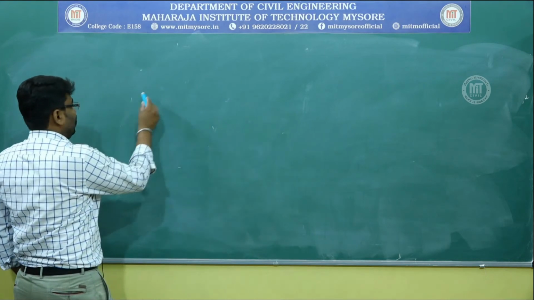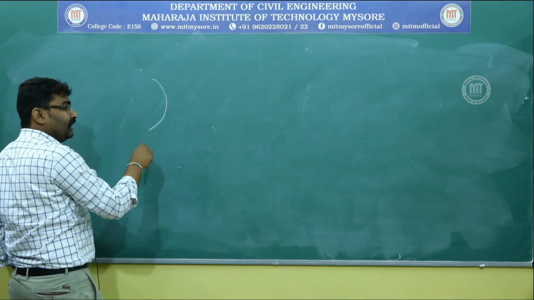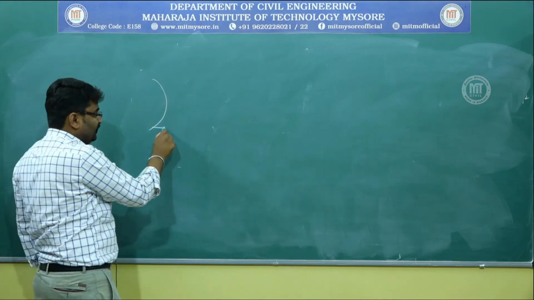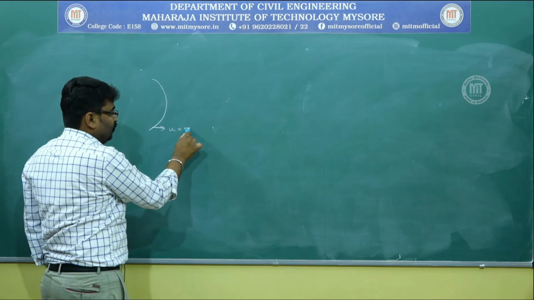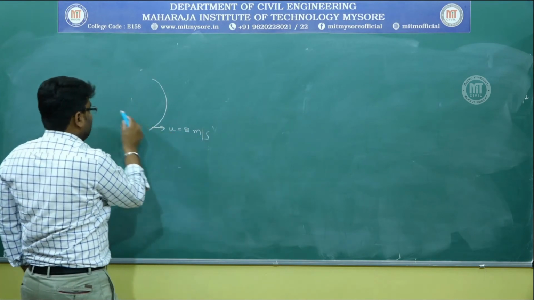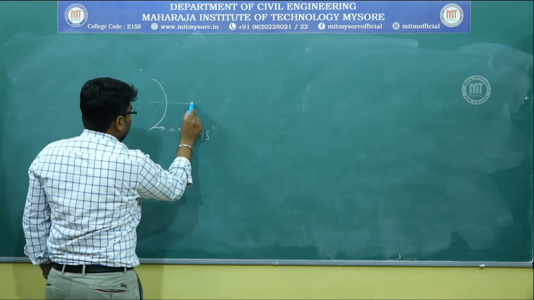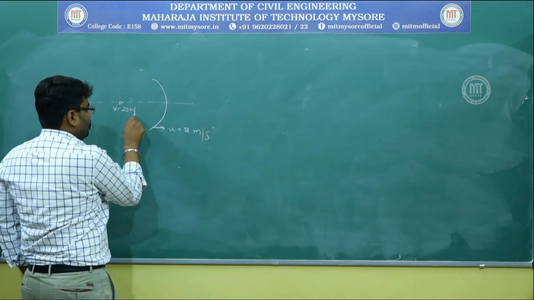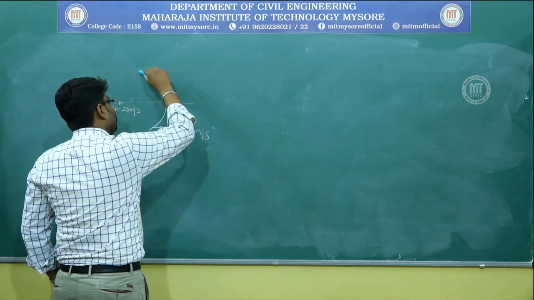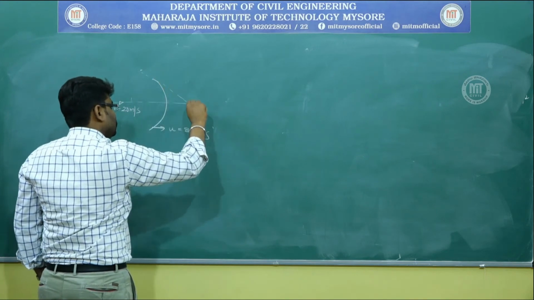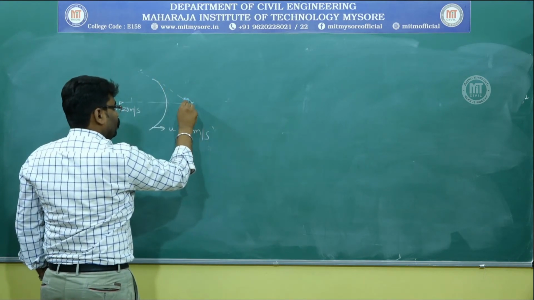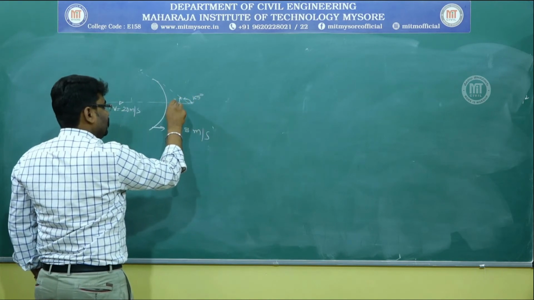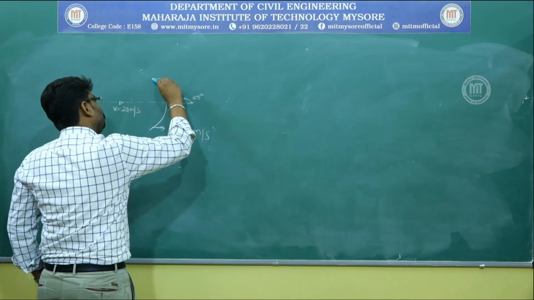So I will draw this. Assume that this plate itself is the moving plate. It has already moved with a velocity of u equal to 8 meter per second. The jet has struck the vane with a velocity of v equal to 20 meter per second. The angle of deflection is given to be 165 degrees and hence this small angle would be equal to 15 degrees.